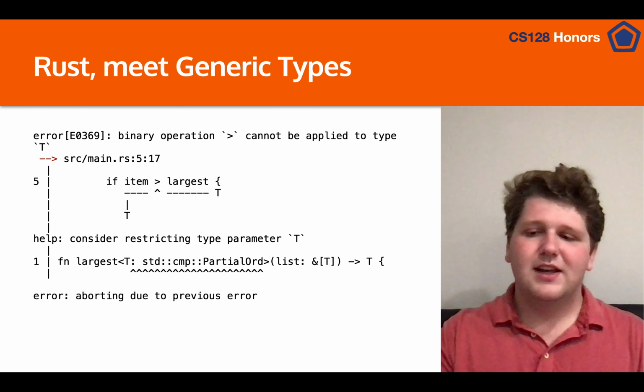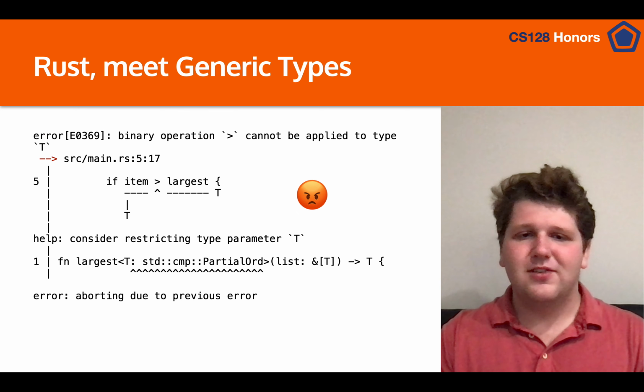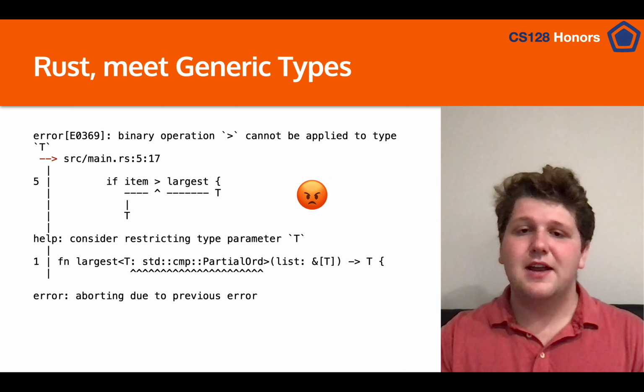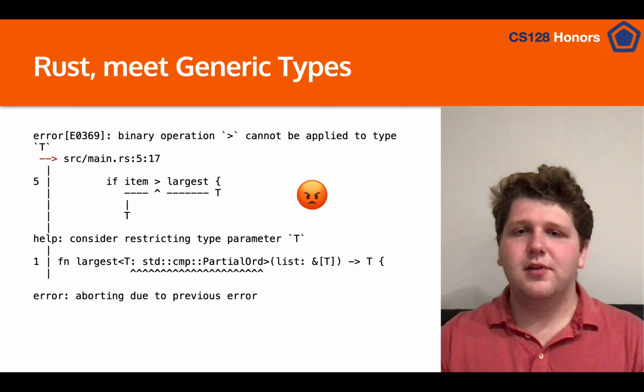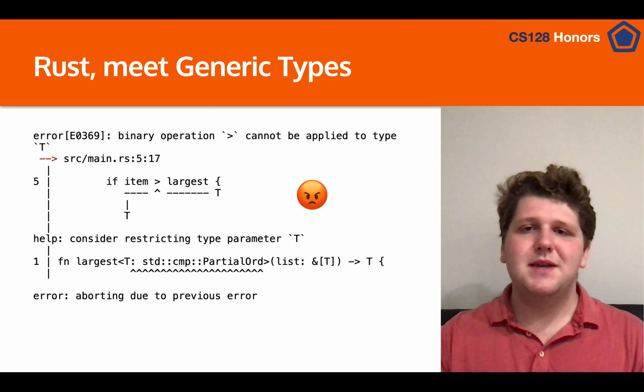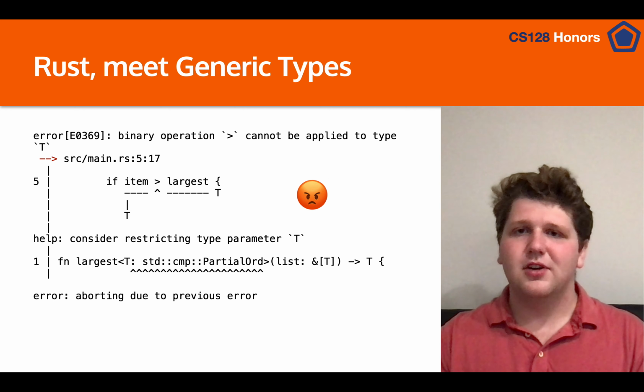Now, of course, every time you try something the first time, 95% of the time it's going to fail. And so in this case, we get a compiler error saying that the greater than sign cannot be applied to type T. And you might be saying, well, hey, why is that? Well, notice something that I said earlier, that T can be any type, right? We have not put any restrictions on it.